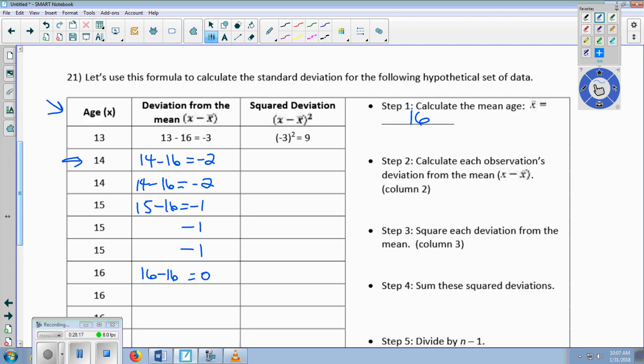The next column we have is that we're going to square this distance. So we're going to square -2, and when we square a negative number, we get a positive number. So 4, 1, 1, 1, -1 squared is +1. 0 squared is 0.